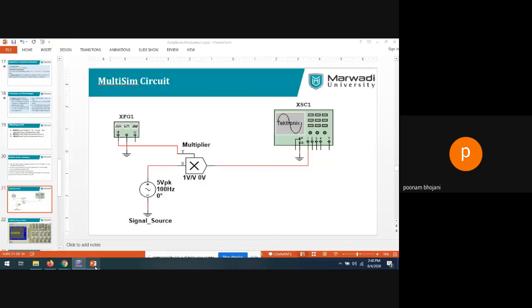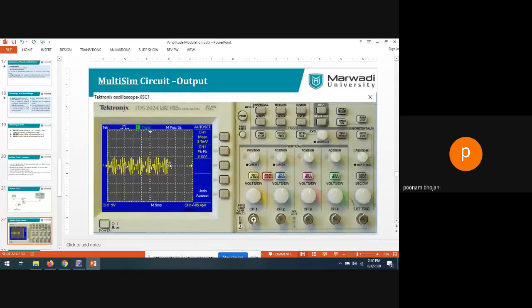So any doubt in this circuit? That simple multiplier we are using will multiply the carrier signal and the message signal together, and you receive this type of signal. This is the output of the AM modulator. Any doubt to anyone?